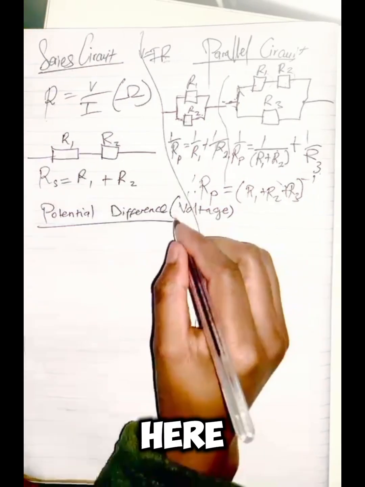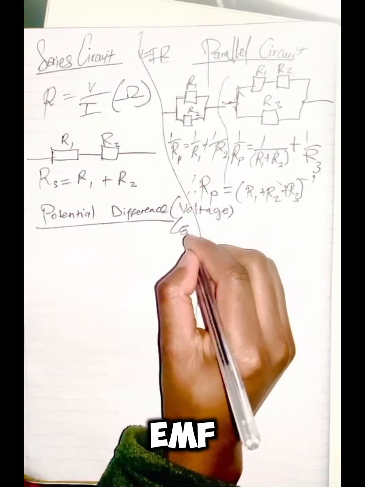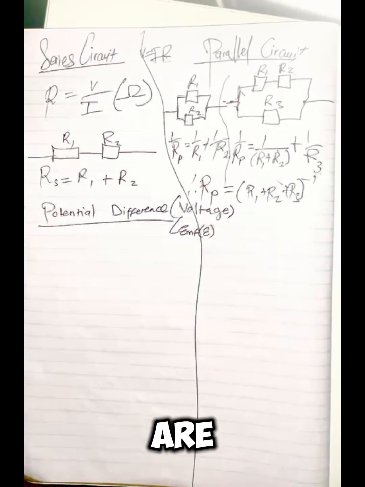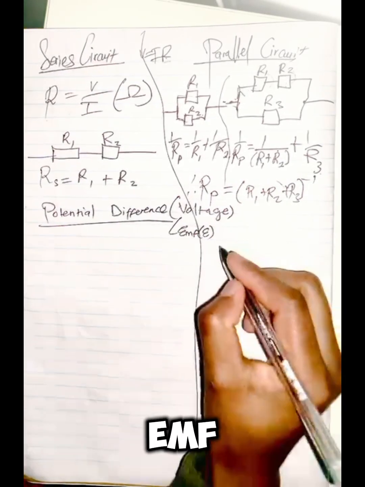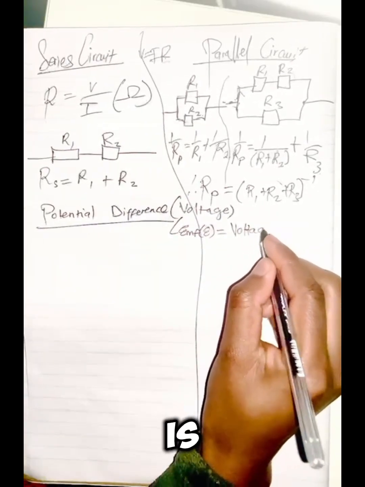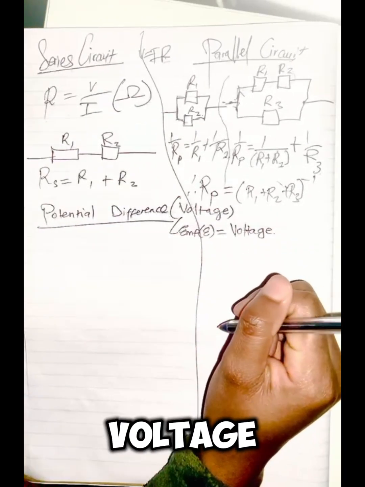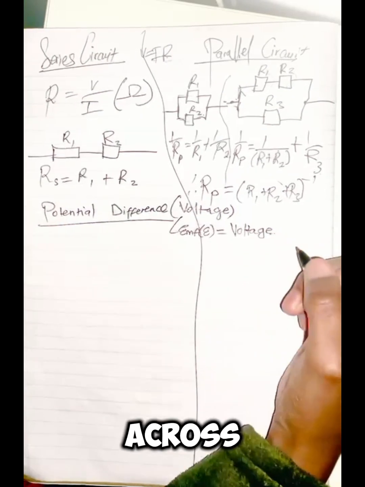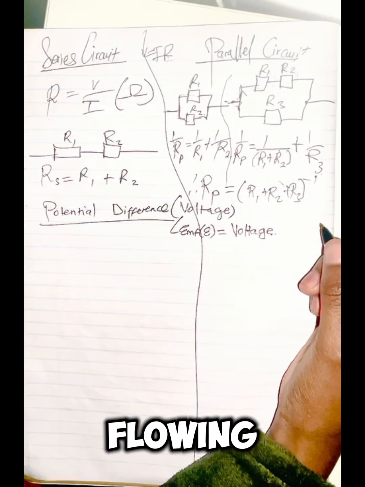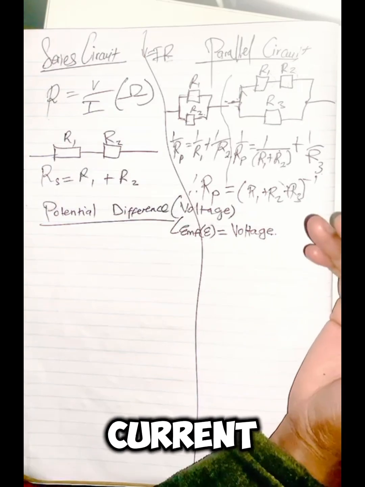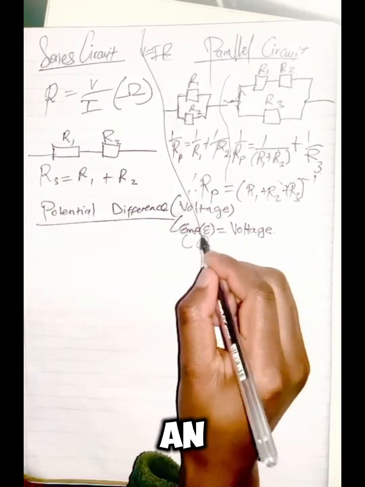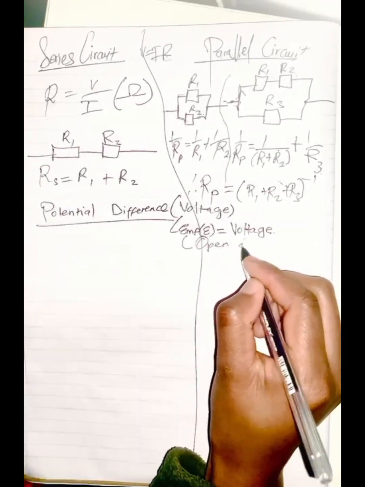So here we'll be dealing with EMF, right? What is EMF? These are some notes that you need to know. EMF is the same as voltage. It's the voltage across the cells where there is no current flowing. So you get an EMF in an open circuit, right?